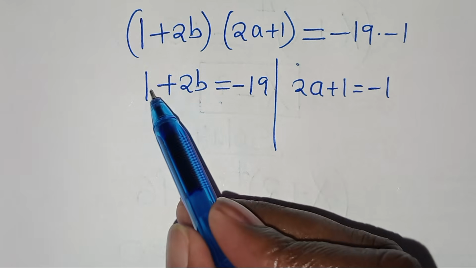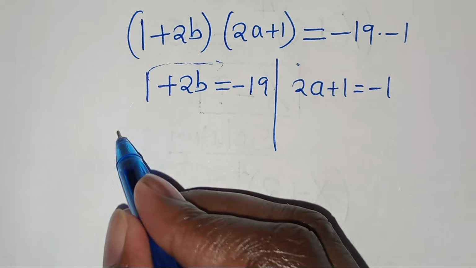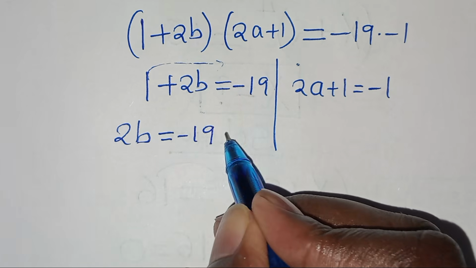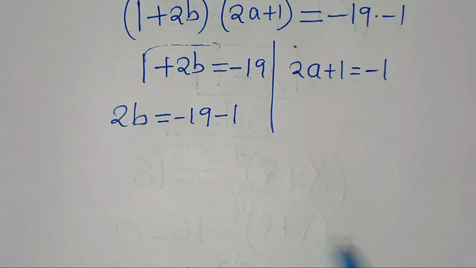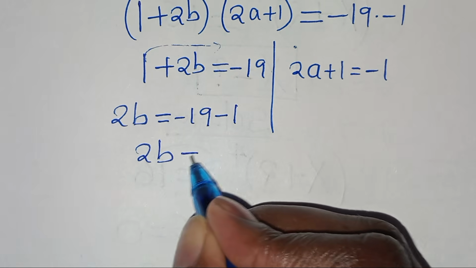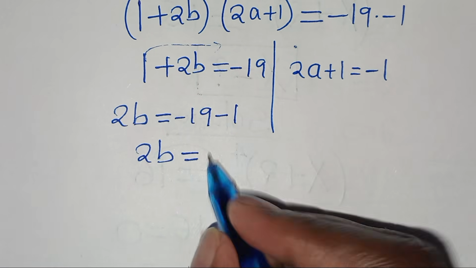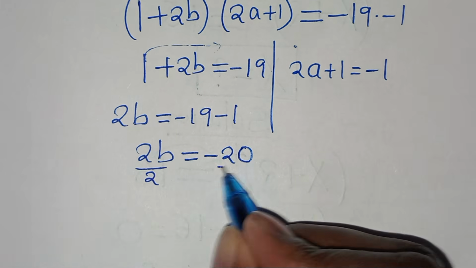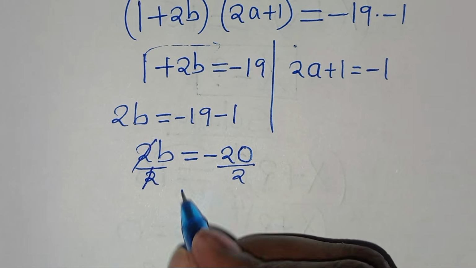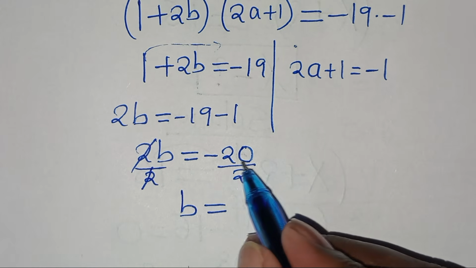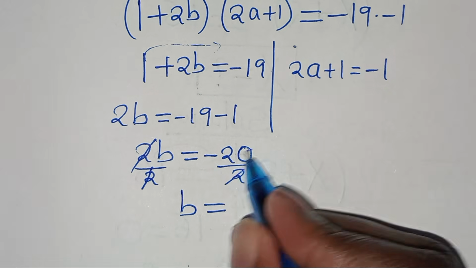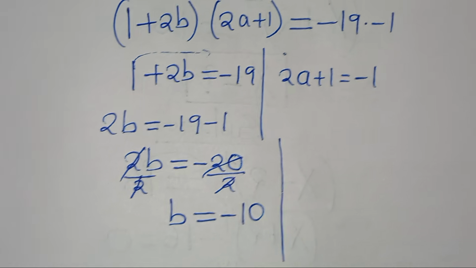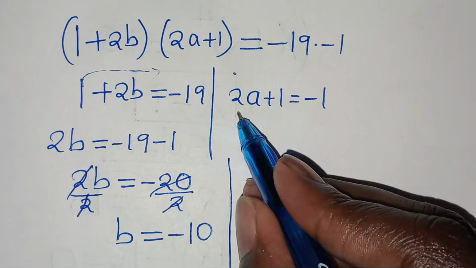So from here, let's take 1 on the right hand side so that we have 2b equal to minus 19 minus 1, which is minus 20, so we divide both sides by 2. And b is equal to minus 20 divided by 2, which is minus 10.